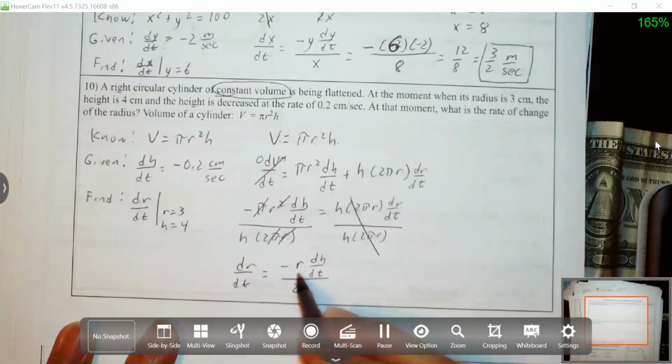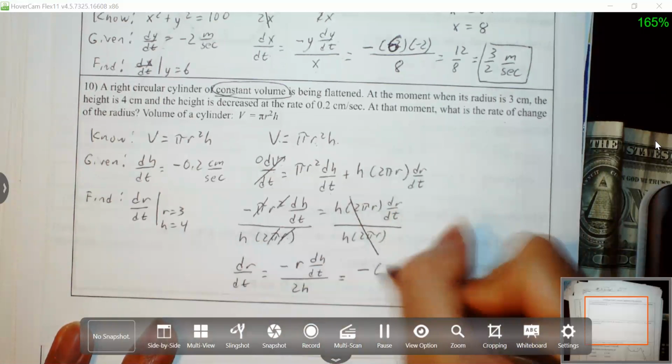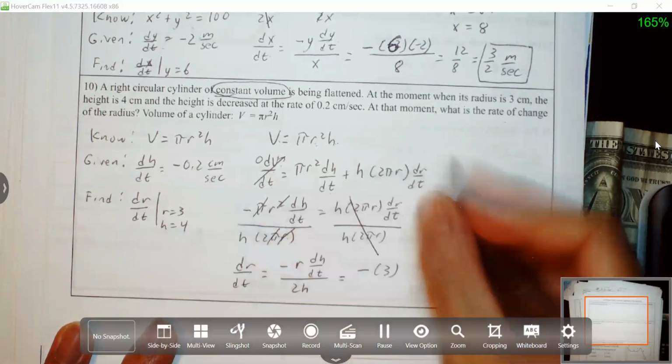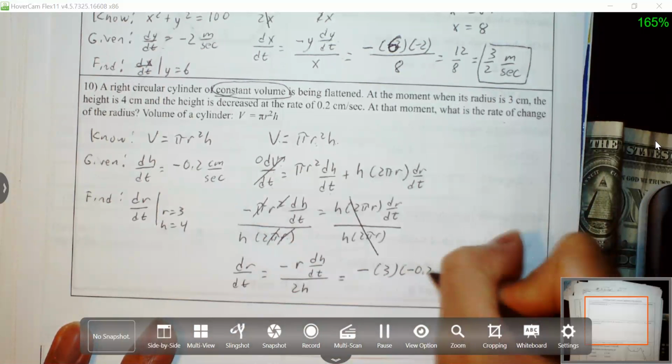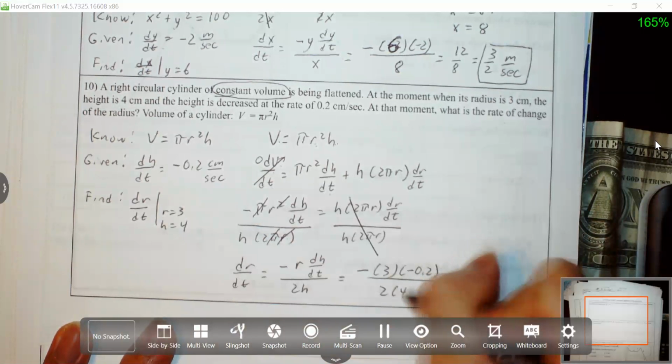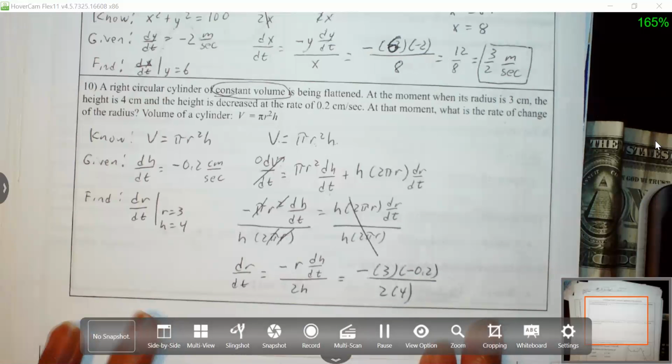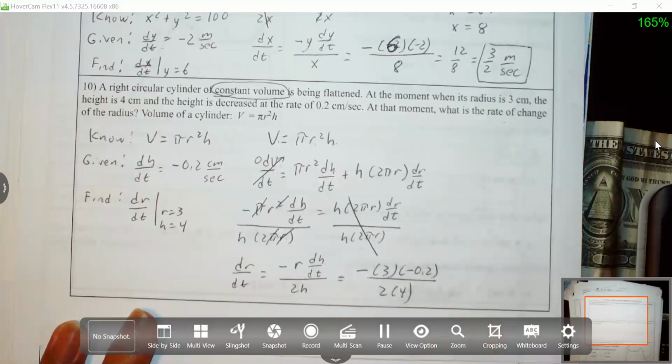Okay, so now we can go ahead and plug everything in. It's going to be negative, my r is 3. My change in height is negative 0.2. 2 times the height is 4. And you could just put that in a calculator. So the top is 0.6, the bottom is 8.